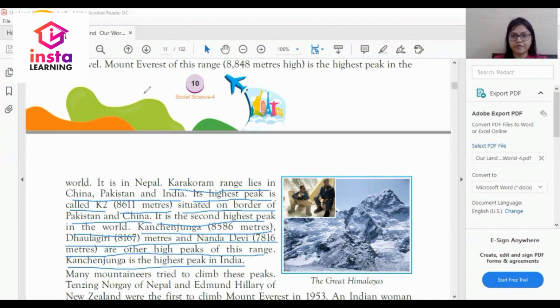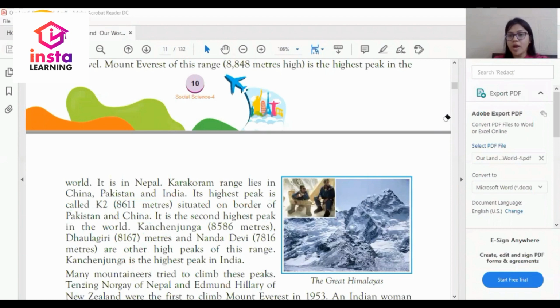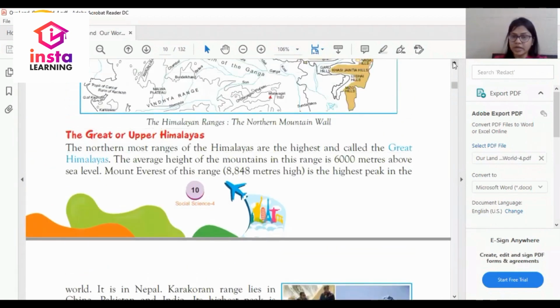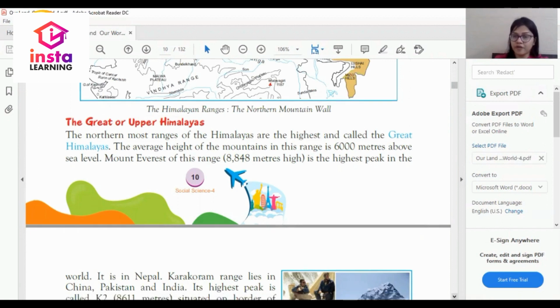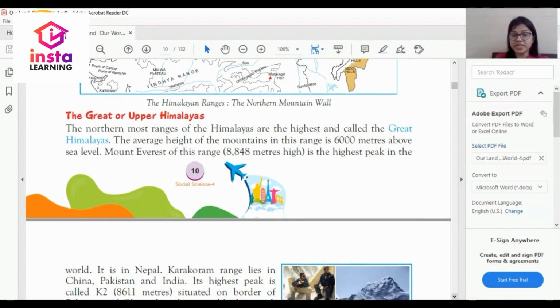So, firstly, Mount Everest. This is the example of the Great Himalayas or Upper Himalayas. So, which is the highest peak in the world? Mount Everest is the highest peak in the world. वर्ल्ड में सबसे हाईएस्ट पीक द ग्रेट और अपर हिमालयस की कौन सी है? माउंट एवरेस्ट.